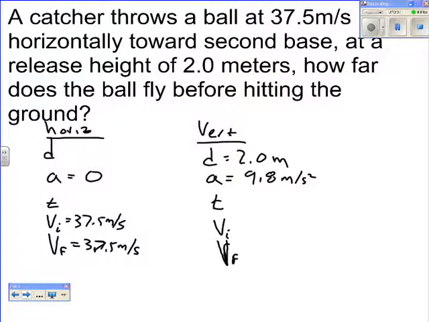We know one more thing. Nope, that's what we want to find. The initial vertical velocity is 0. As soon as I let go of it, has it started to fall yet? No. But as soon as I let go, then it will start to fall. So its initial vertical velocity is 0.